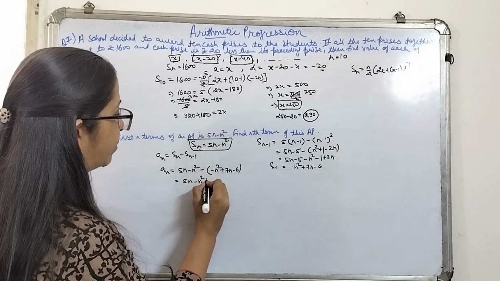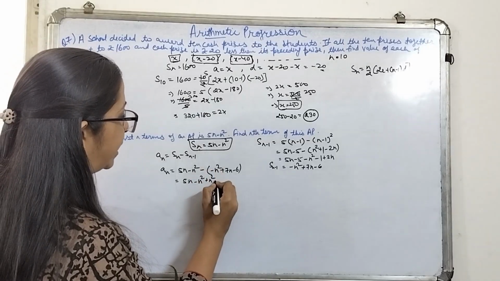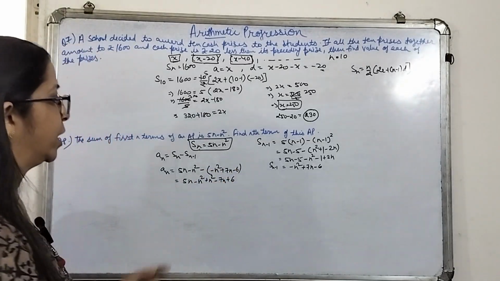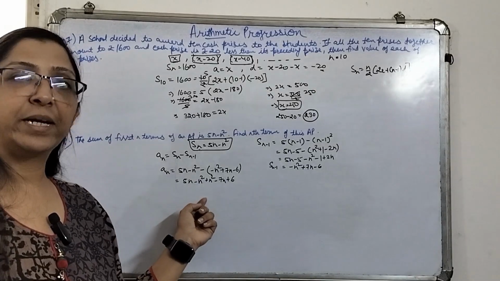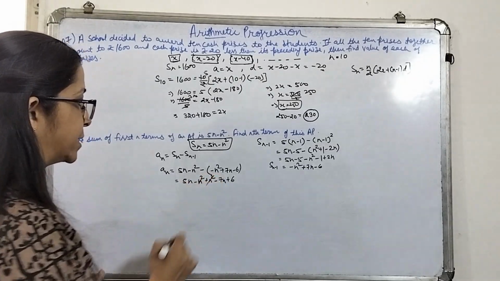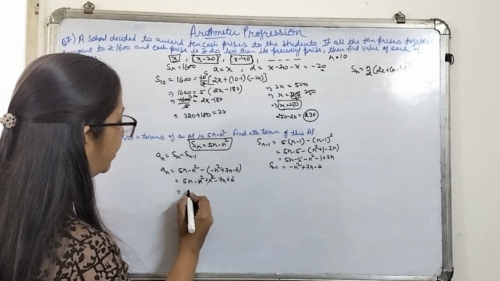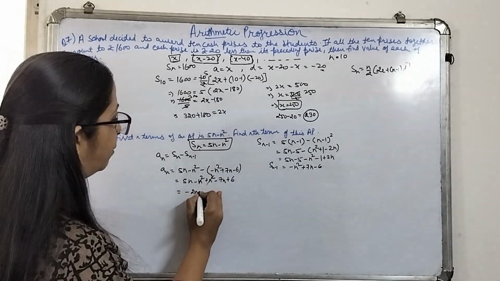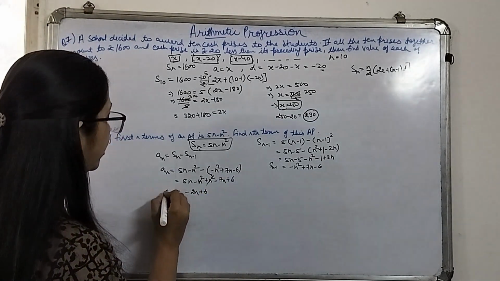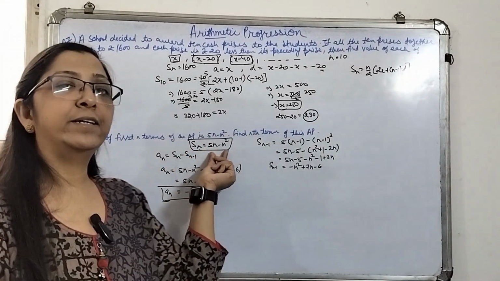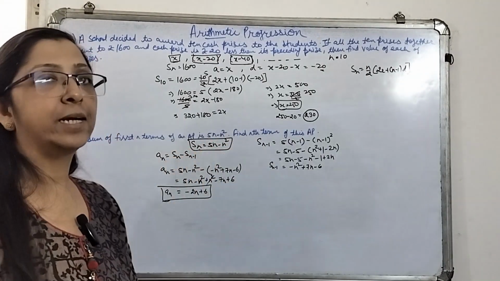So minus will become plus of n square, minus of 7n and plus of 6. So this is plus n square, this is minus n square. Both are going to cancel. Further it will be 5n minus 7n, which is minus of 2n plus 6. This is the nth term of an AP whose sum of n terms is 5n minus n square.